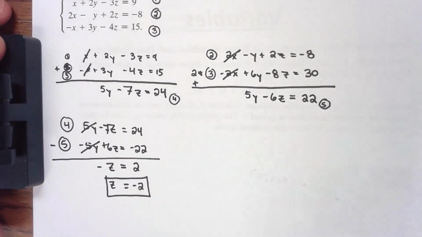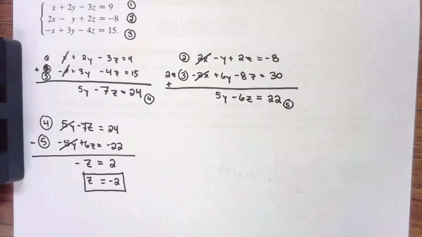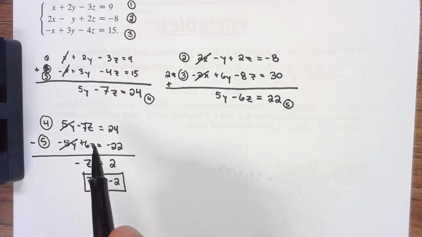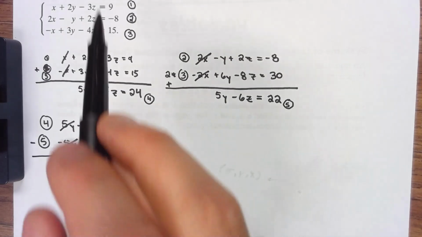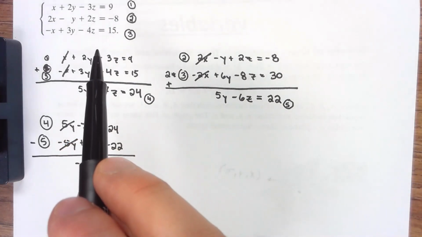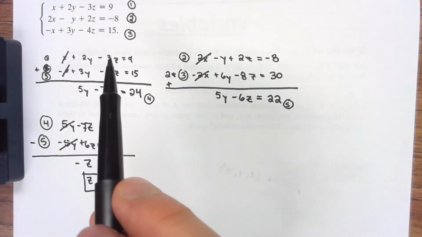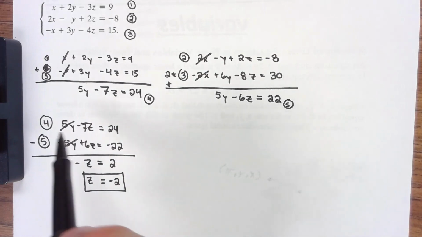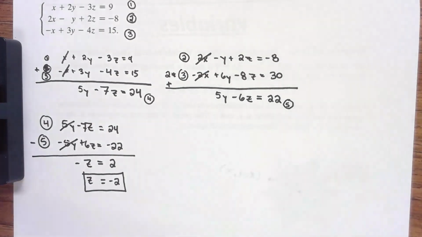All right, once we have z, now I'm going to still work with equations 4 and 5, because in 4 and 5, I can plug in z to then find y. If I plug z back into one of my original 3 equations, I still have 2 other variables, so it's not going to be all that helpful. But in equations 4 and 5, because they're just 2 variables, by plugging in this negative 2, I can then solve for y.